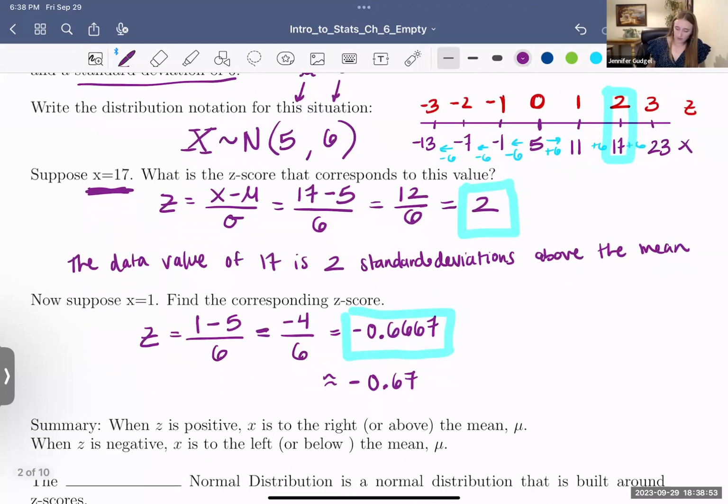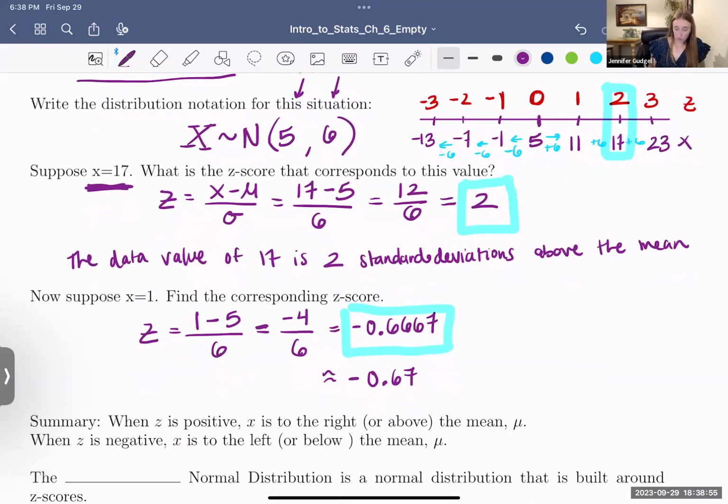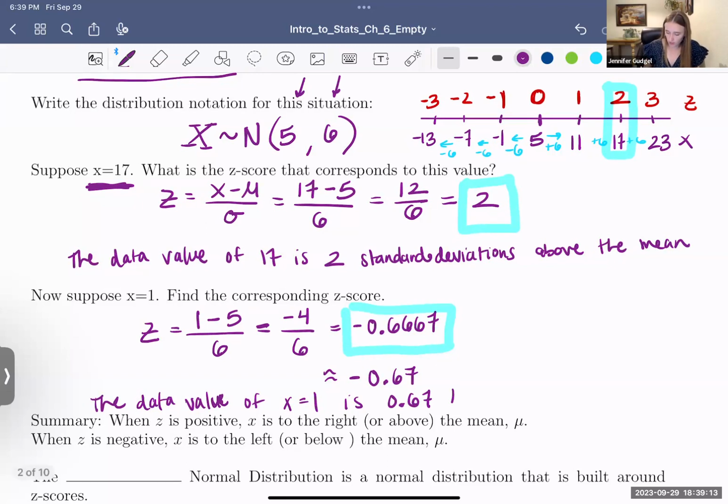A -0.67 z-score means that the data value of x equals 1 is 0.67 or 2/3, it's not even a whole standard deviation below the mean.